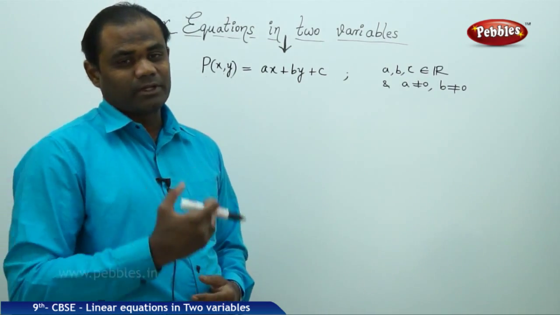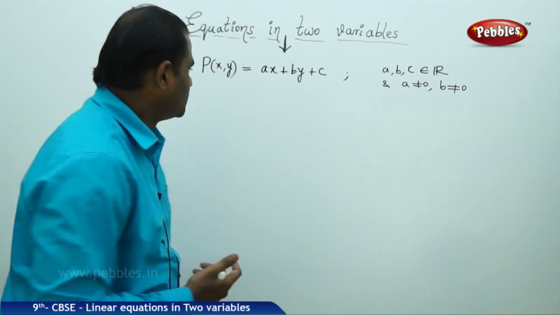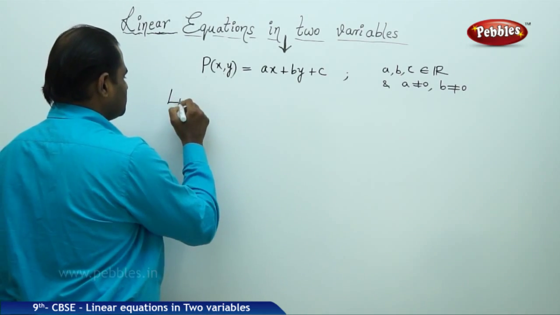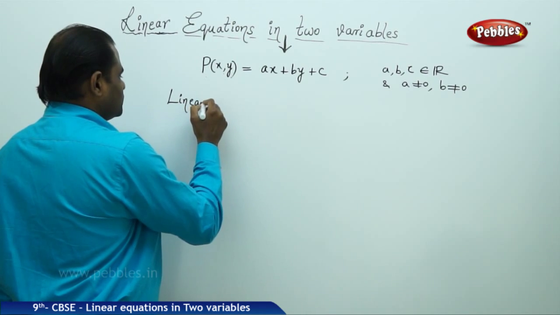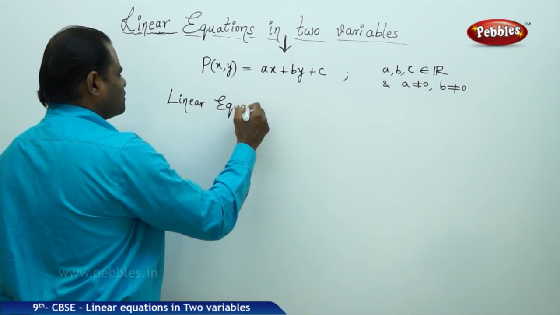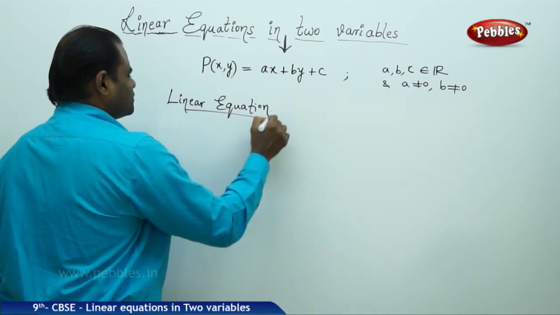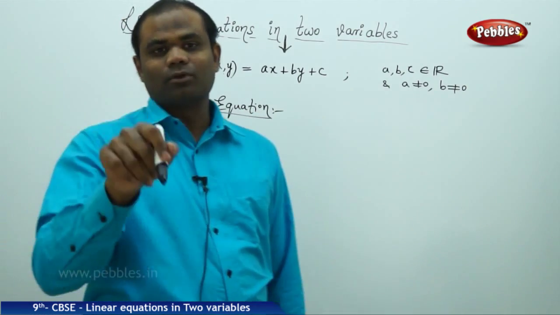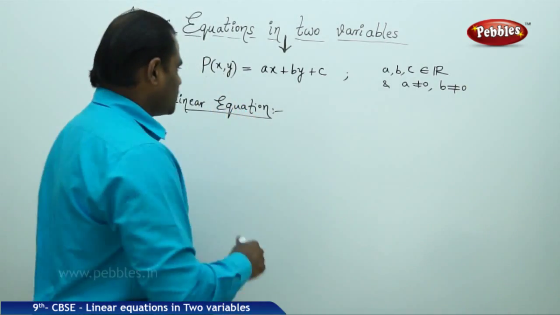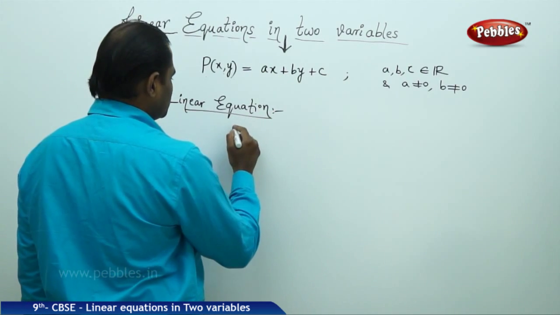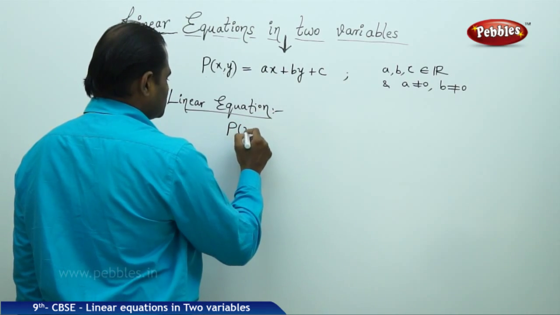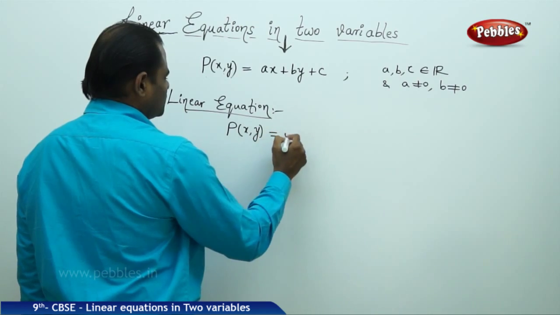Is the biggest question in comparison. As we see here, the linear equation is obtained when I equate the given polynomial to 0. So when I want to convert this into an equation, I just take this in the form equal to 0.